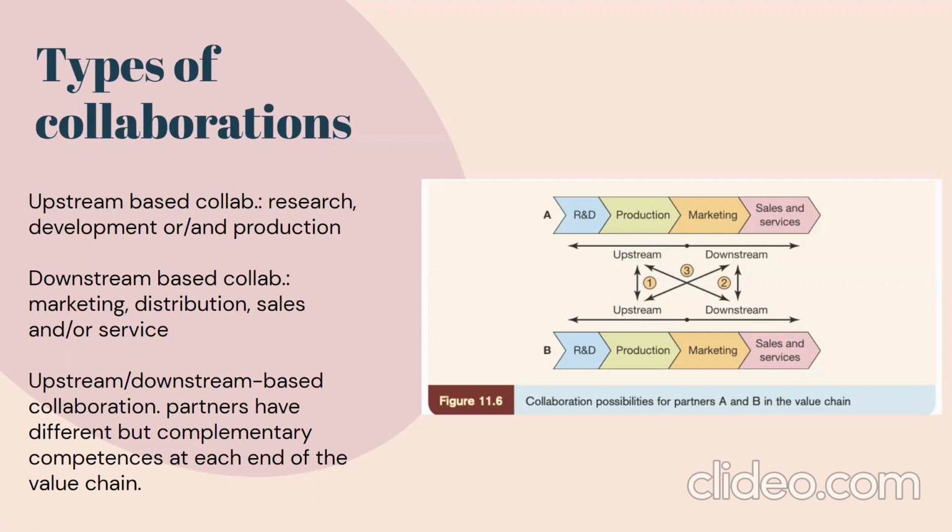In the downstream-based collaboration, the partners share marketing, distribution, sales, and/or services. And in upstream and downstream-based collaboration, the partners have different but complementary competencies at each end of the value chain.